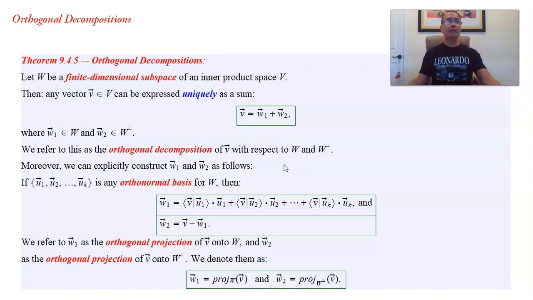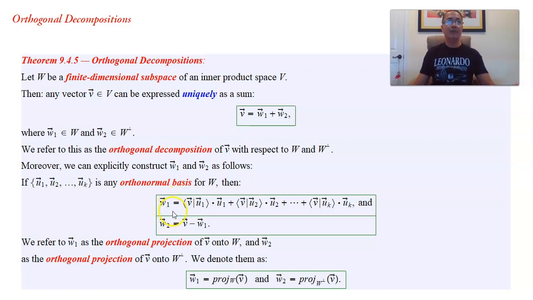Moreover, we can explicitly construct W1 and W2 as follows. Suppose that U1 through UK is any orthonormal basis for W. And this is why it's only important for W to be finite dimensional.